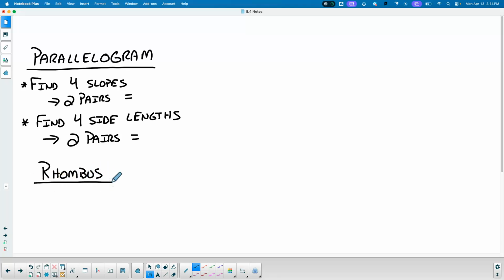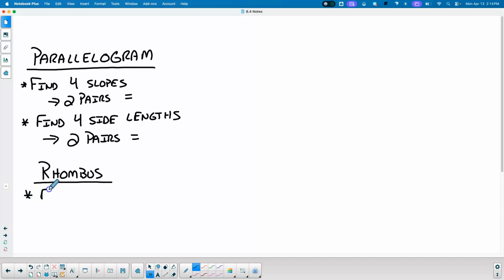So if it's a rhombus, what do you have to show me? All sides are congruent. They have to be all the same size. So you've got to find 4 side lengths, right?